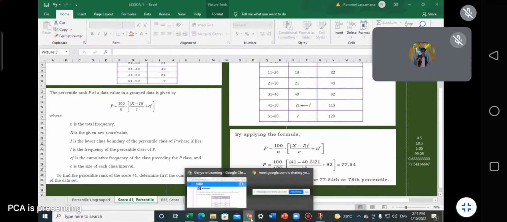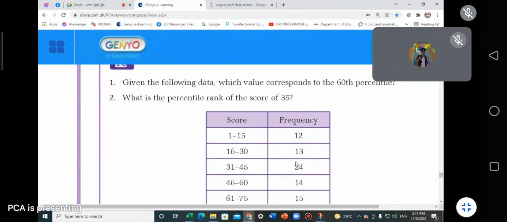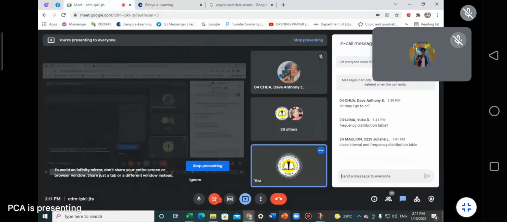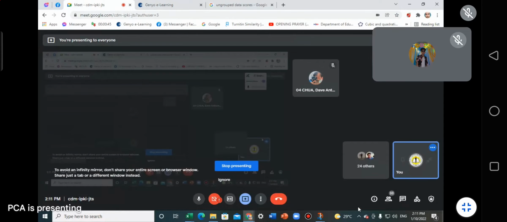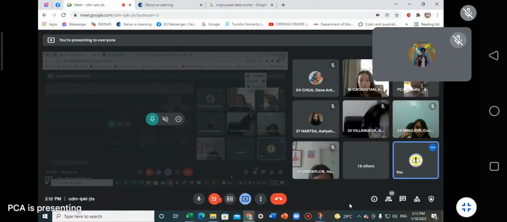For this one, it's like the 41. The score is 35. Look for the percentile rank. Okay. Thumbs up. I want to see you there. Sige. Can you do it?